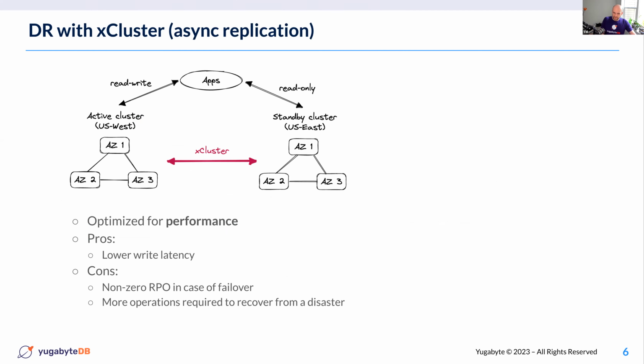Any update that you do in your database happens within a single cluster, the active cluster, and then it is eventually replicated to the standby cluster, which is an independent cluster deployed in a different region. That means you get the lower latencies that you're looking for. However, in case of a disaster, you will potentially lose some data, and I will talk about that in a little more detail.